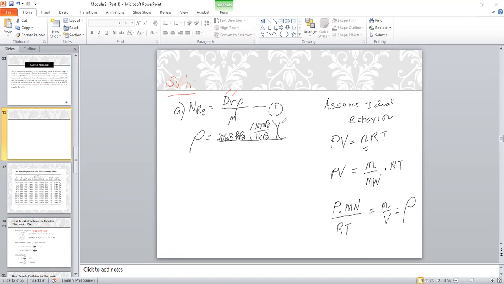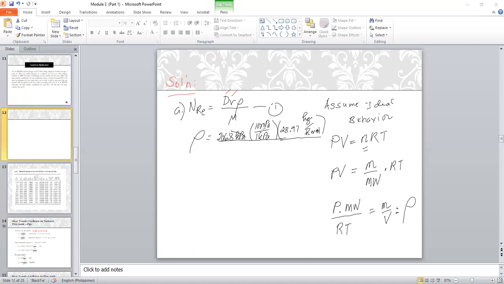Thermodynamics, what's the molecular weight of air? Okay, 29. To be exact, thank you for that, the molecular weight of air is 28.97 kilogram per kilomole, or gram per mole. So that's the molecular weight.